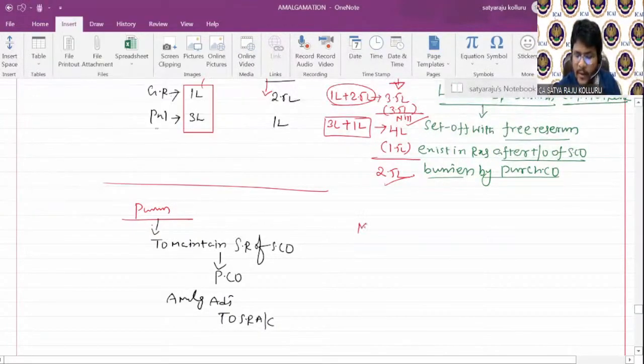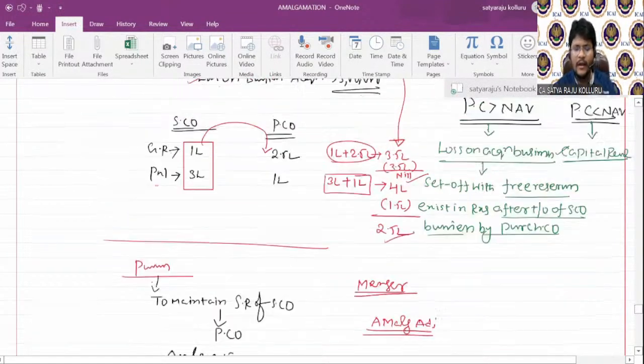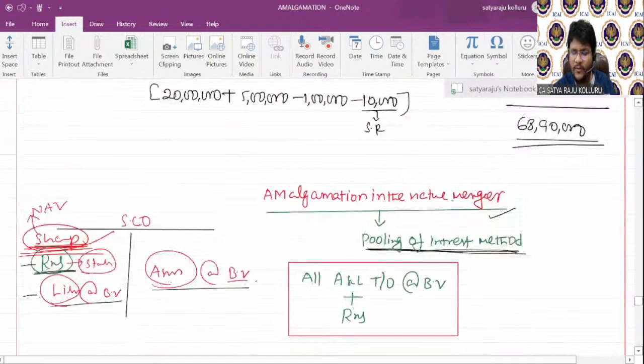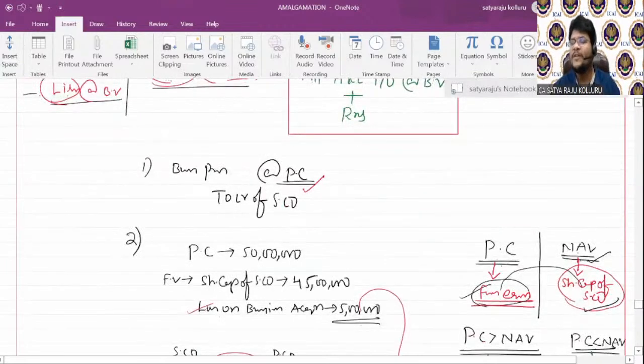In case of amalgamation in the nature of merger, you need not pass such an adjustment entry. You know the reason why? In case of amalgamation in the nature of merger, all the reserves and surplus of the selling company become the reserves and surplus of the purchasing company.